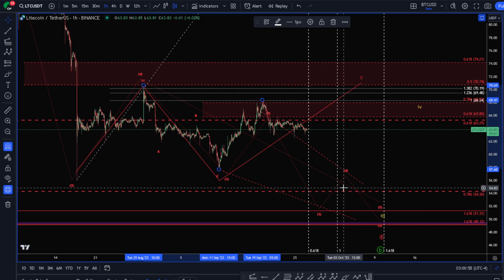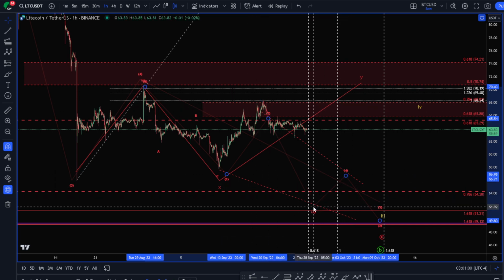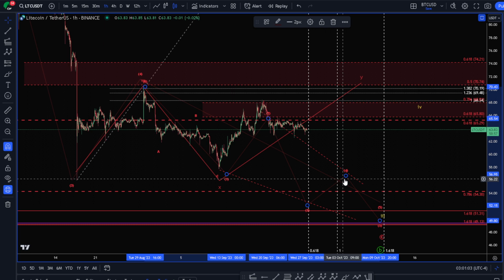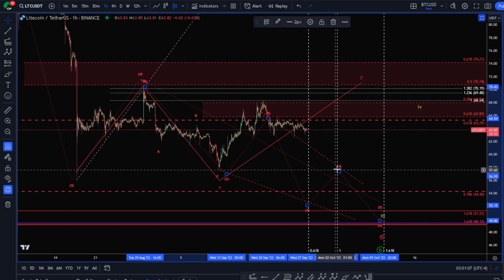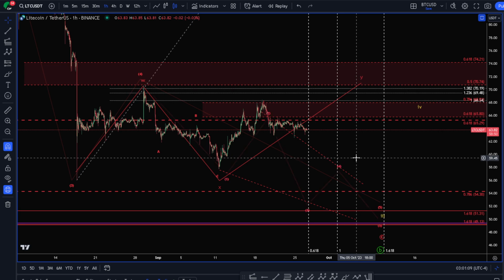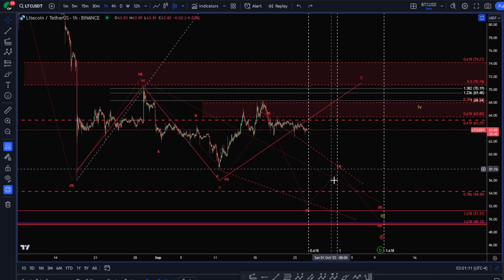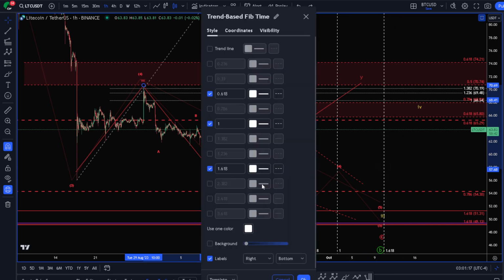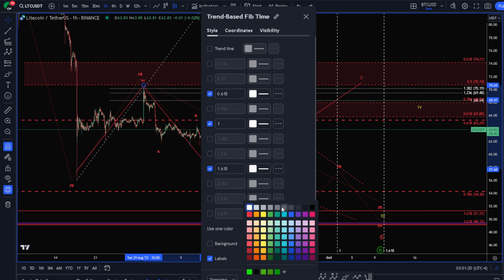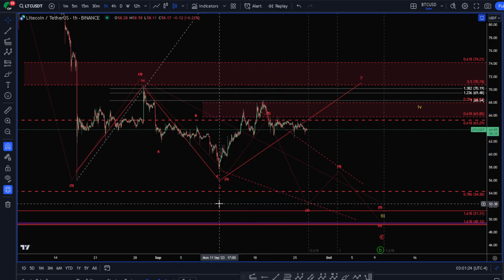So that's our 618 in time, so I expected us to be down there already if this was the ending diagonal. So again, still valid technically. It's just a guideline. It can come down to the 1. But at the same time, I like to stick to probabilities and let guidelines go a little bit, but not too much.